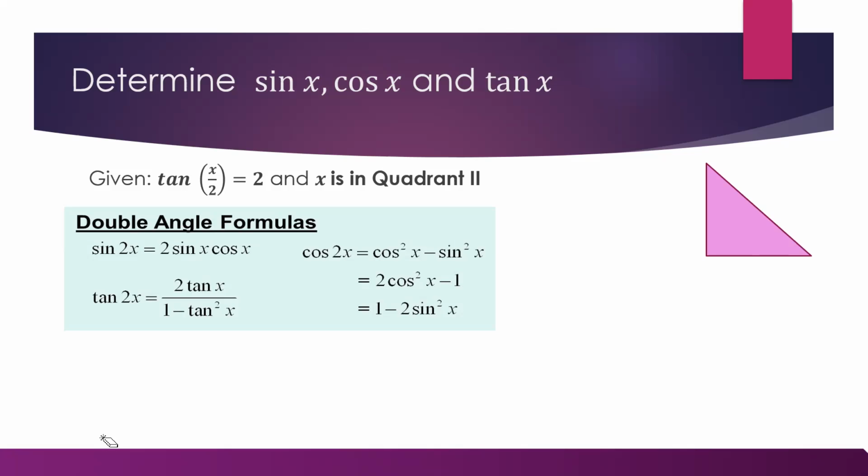So, ang modification niyan, according to our required and the given, since ang kailangan natin is sine x, tapos di ba, ito magiging kalahati ng nandito sa angle dito. So, kalahati ng x will be x over 2. So, 2 of sine x over 2 cosine of x over 2.